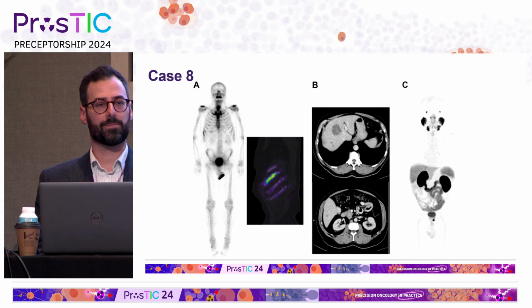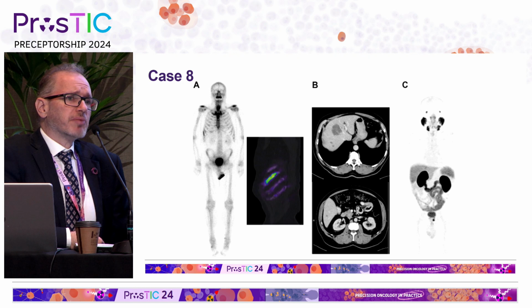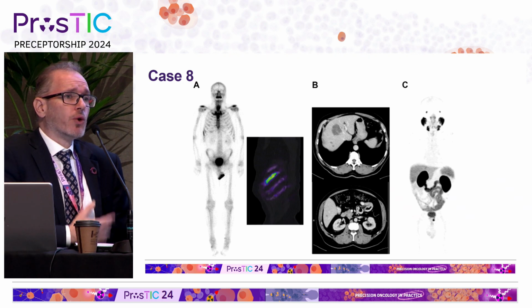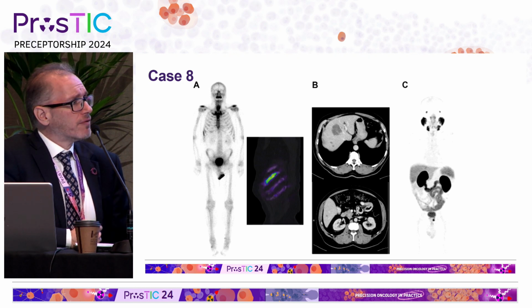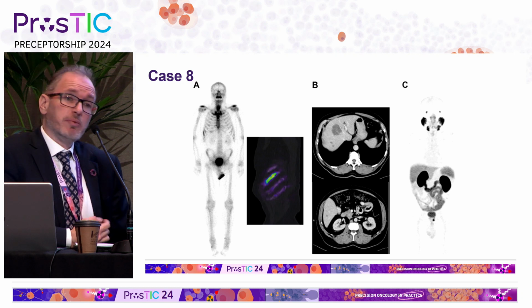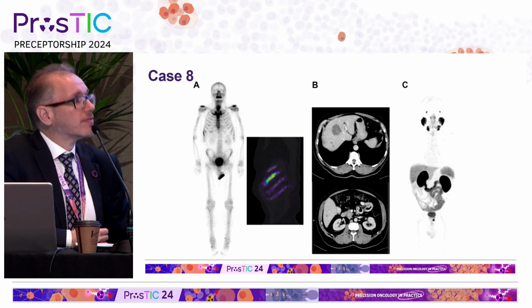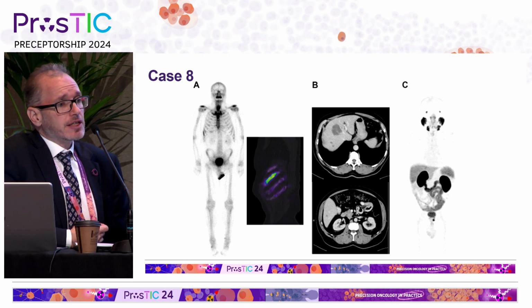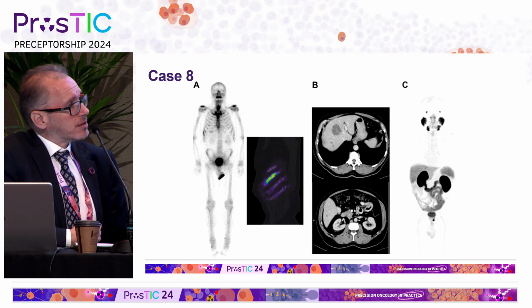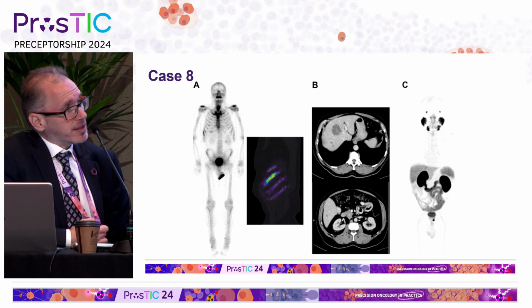Yeah, so I think if you look at the literature, there's this concern about stage migration with PSMA PET CT, where we always pick up more disease. But often, and I think this is underestimated, we pick up less disease because of the specificity of PSMA PET. So I think it's fairly clear that these are probably not bone and liver metastases from prostate cancer.